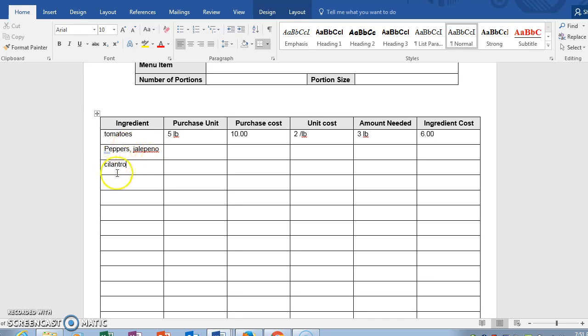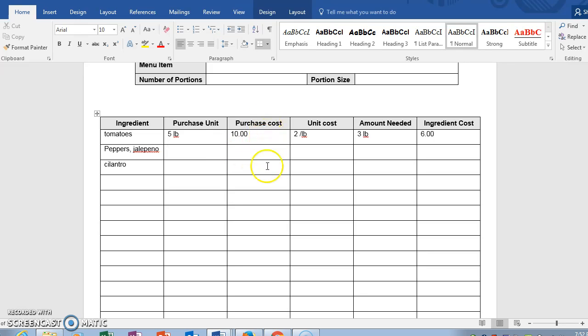Anyway, whatever it is that you're making, and then you have to go to your invoice and find out what it is that you bought and how much that it cost. Sometimes your invoice will tell you how much it was, sometimes it will not. You may have to actually look at on the package to see how much that it costs on there.